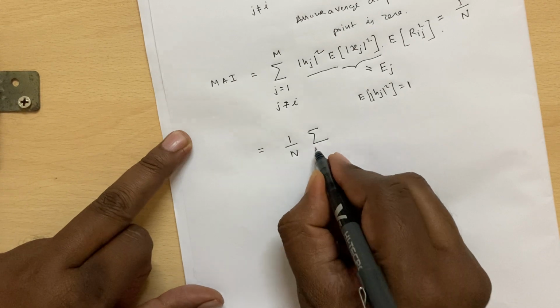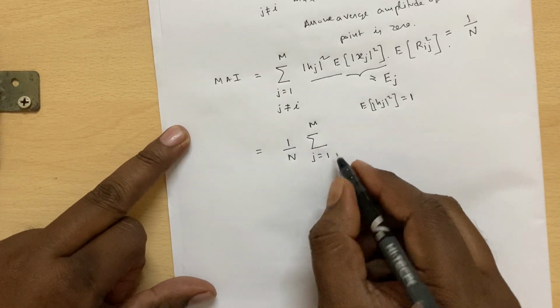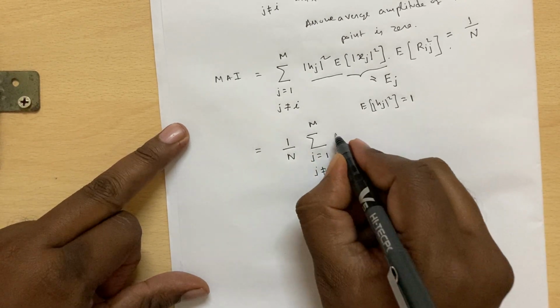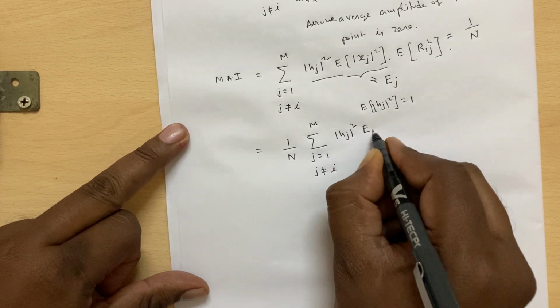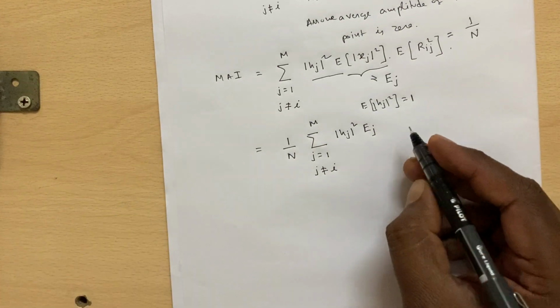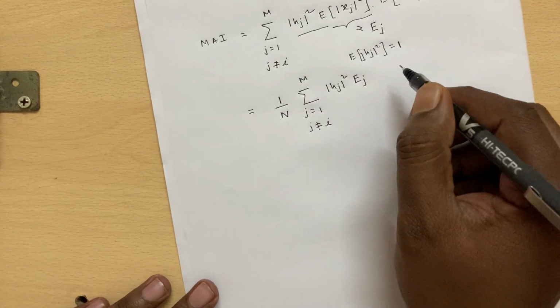times the summation of j equal to 1 to m, j not equal to i, of mod hj square into Ej, where Ej is the received power from the jth user. So this is the multi-access interference power.